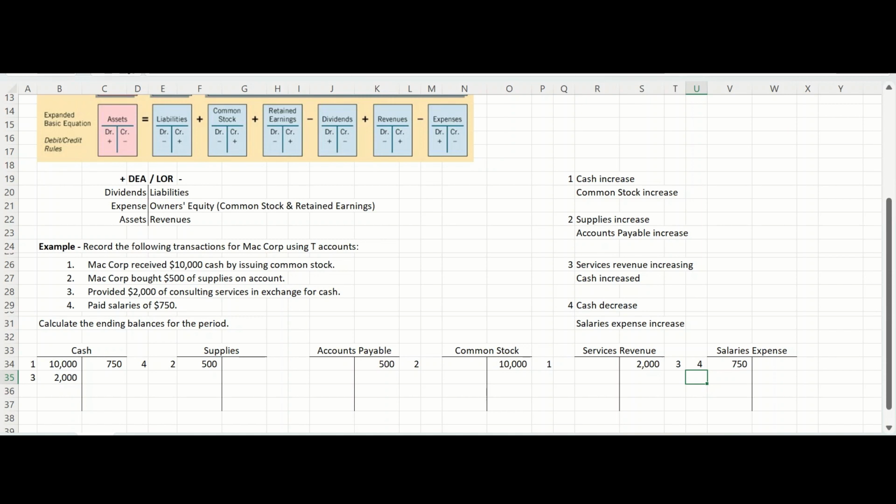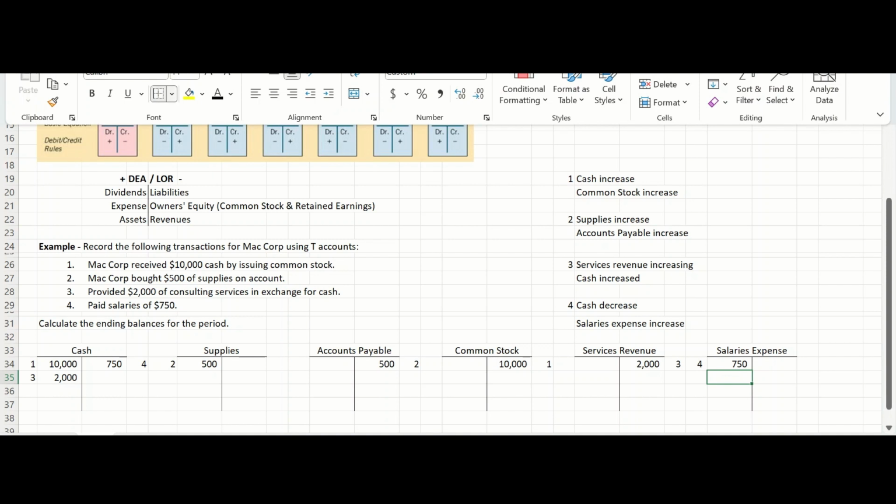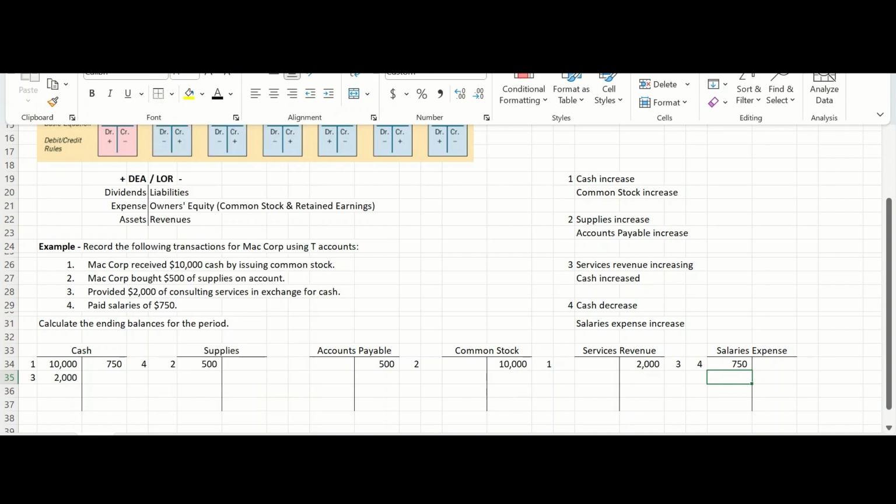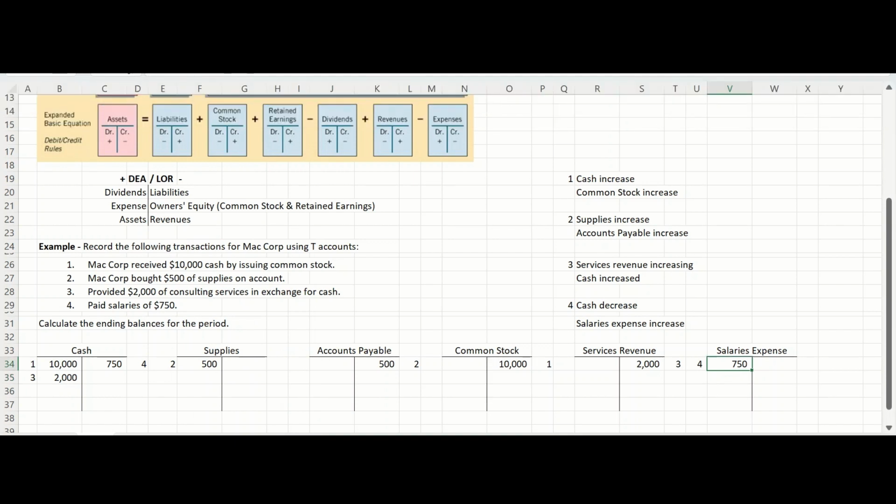Now we need to calculate the ending balances for the period. We'll start on the right side because this is easier. We will add a line. And there's 0 on the credit side of salaries expense, 750 on the debit side of salaries expense.